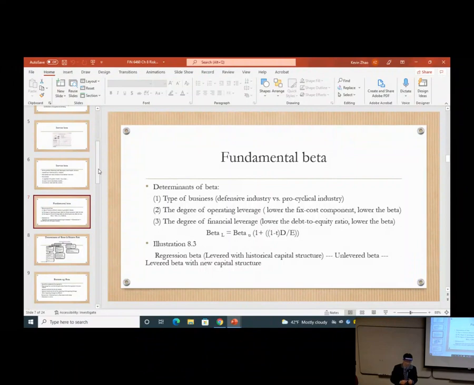So there's nothing wrong using service beta or regression beta, but I think if you are a great financial analyst, you really need to know the ins and outs of beta. Right? I mean, regression is kind of a backward-looking thing. You see? This is the return of the market. This is the return of the stock. Return versus return. You get some kind of estimation. Right?